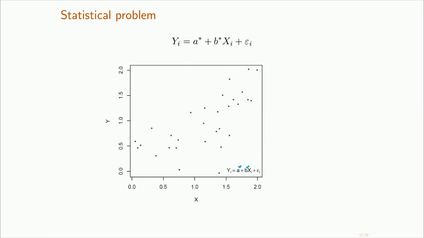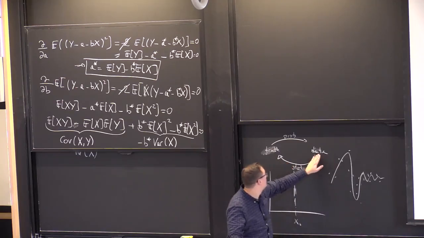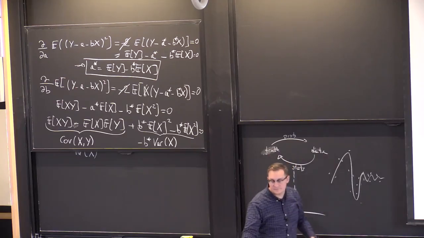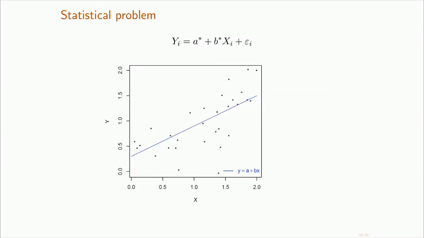Okay, and so we're going to try to estimate from those points. So we start from here as statisticians, and we're trying to go back to what the truth is. So this is what the truth is: y is equal to a star plus b star x. Okay, so that's what I used to generate this data. And now this is the estimator that I propose from the points. So we'll see a technique that allows us to draw this red line, which is the one that you estimate from the data.